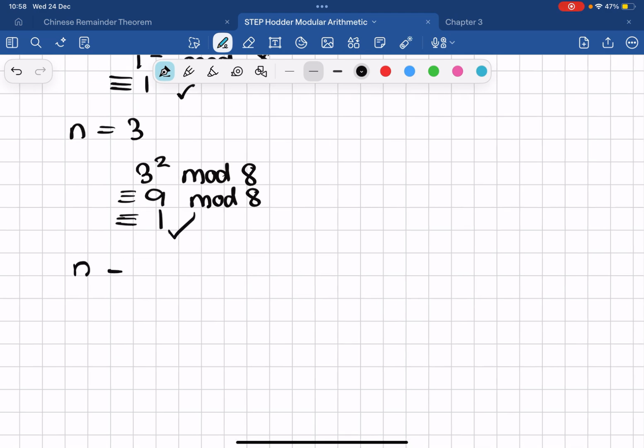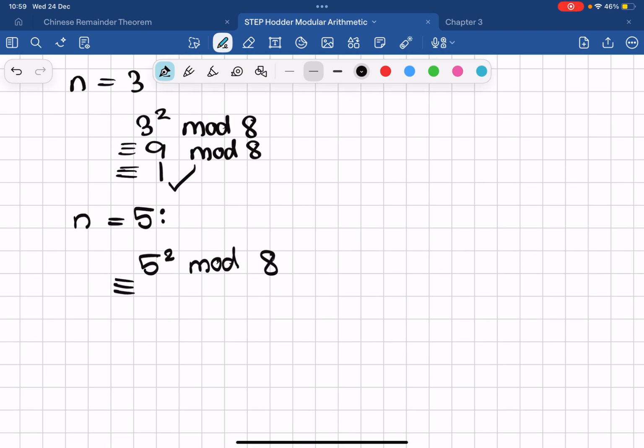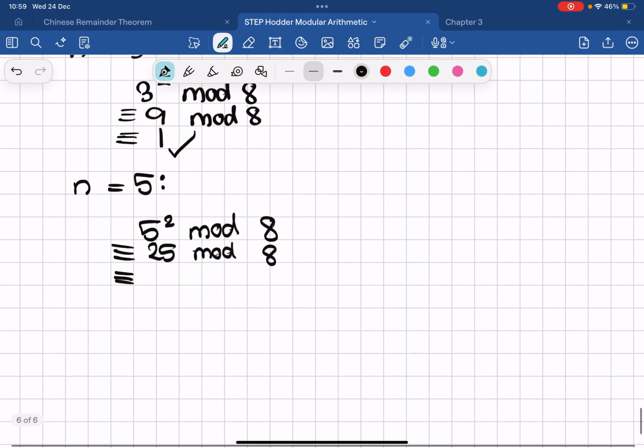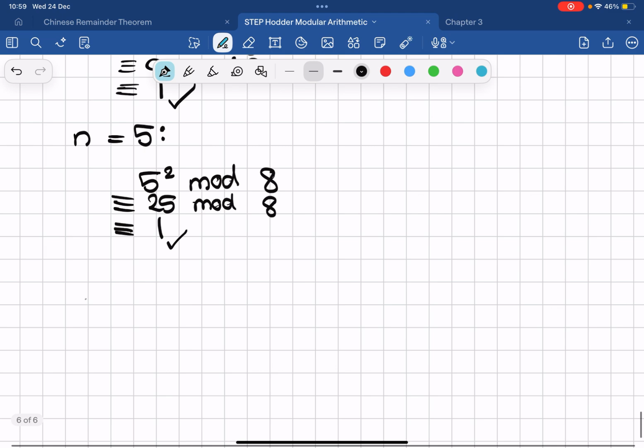Now let's move on to n equals 5. 5 squared mod 8 is the same as saying 25 mod 8. When we have 25 divided by 8, we've got our quotient that's 3 and remainder 1, which is just 1. Checks out again, fabulous.